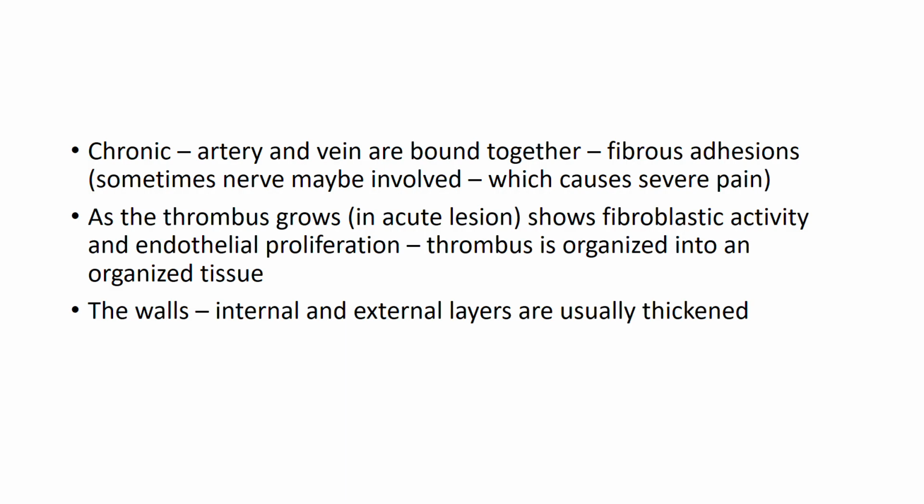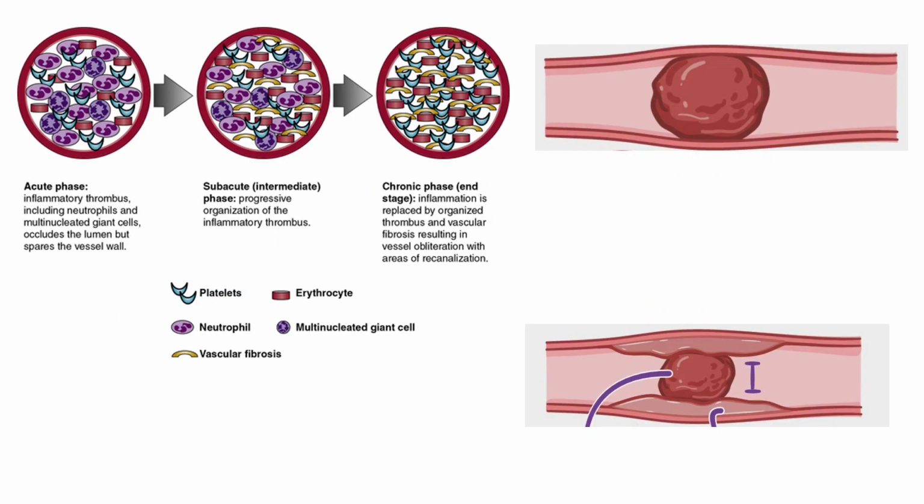So initially, the thrombus is formed, and this thrombus consists of your blood cells, fibroblasts and polymorphonuclear leukocytes. And once they settle down, which is also called organization, the cells are more of the fibroblasts and the elastic tissues.